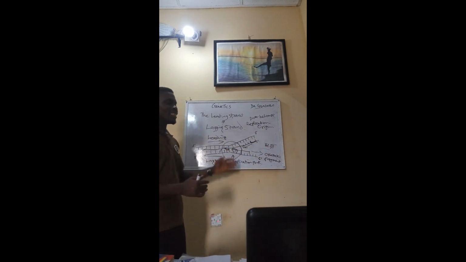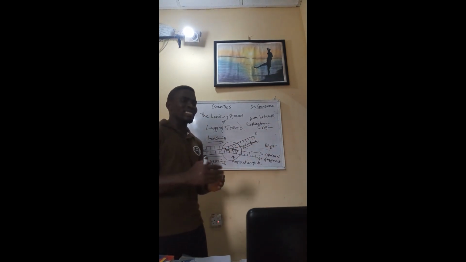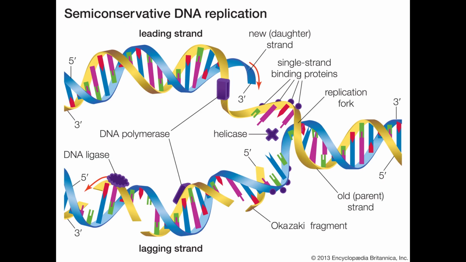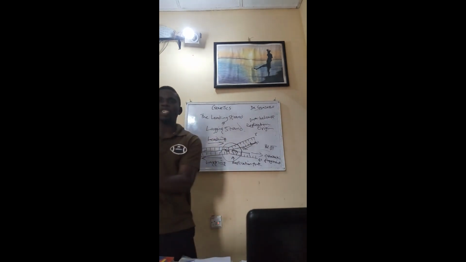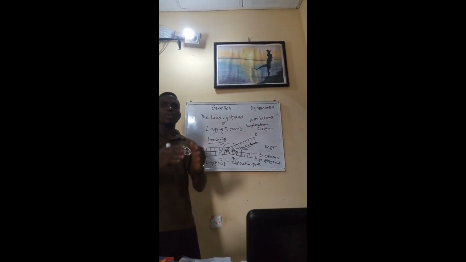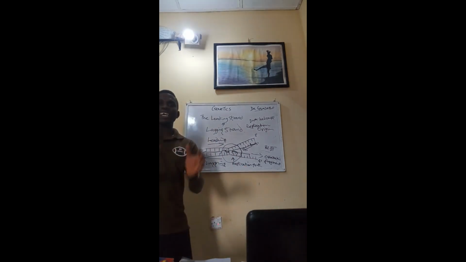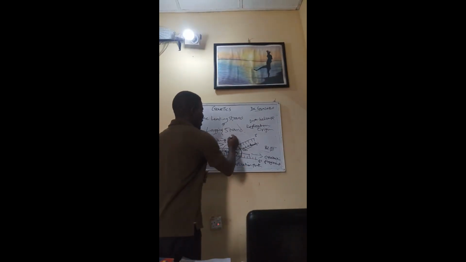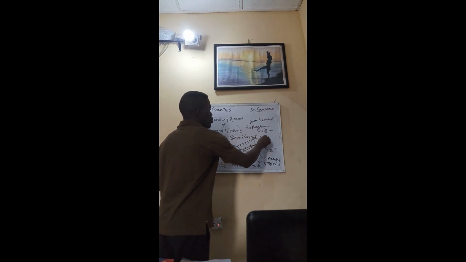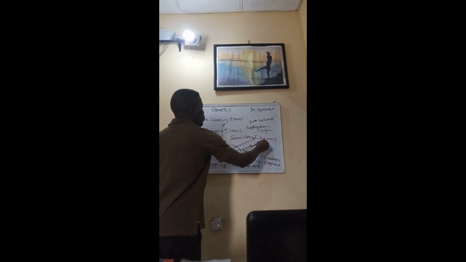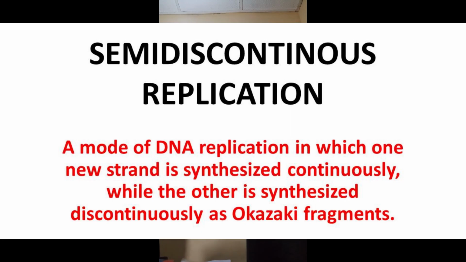On the lagging strand, it is synthesized discontinuously. This phenomenon makes the DNA replication process be referred to as semi-discontinuous replication. DNA replication follows a semi-discontinuous process.